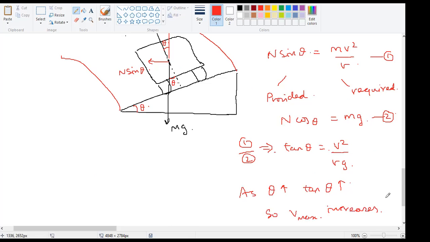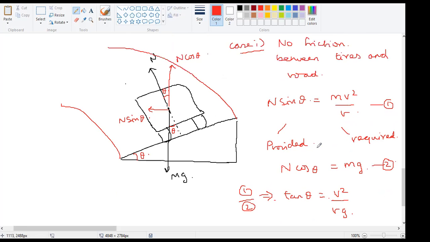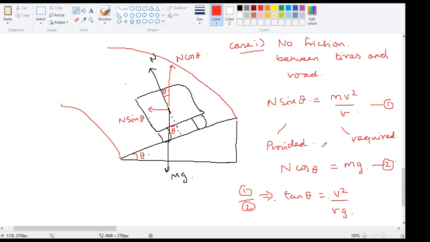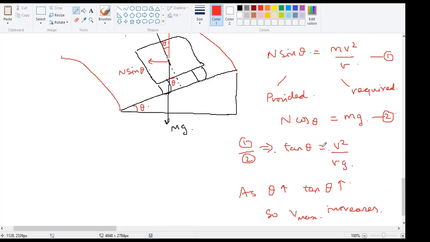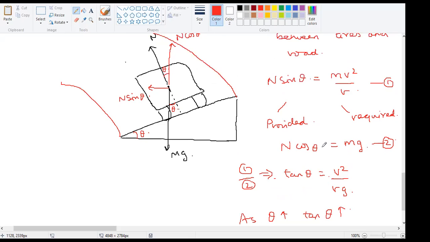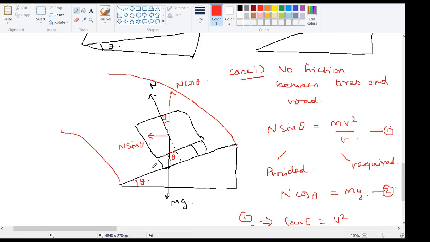So take it down. I'm not given this in the handbook, so take down the drawing properly. Any questions? Can anyone tell me where did this n sine theta come from?